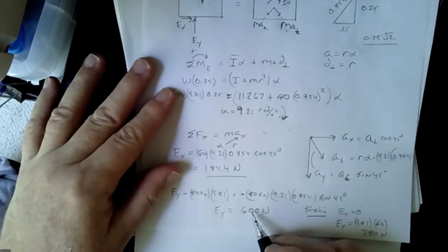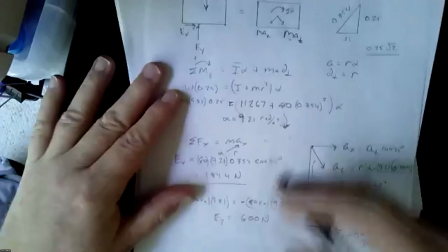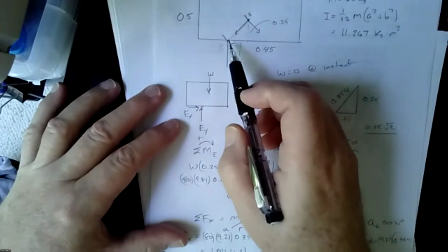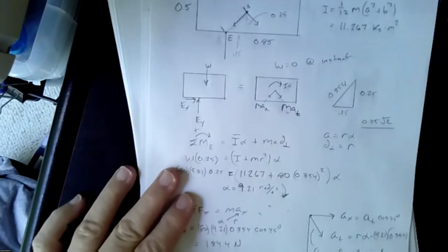So definitely much greater than that. And that's what we expect, because the crate's falling away, and so there's a lighter load here. All right. So I hope that makes sense.